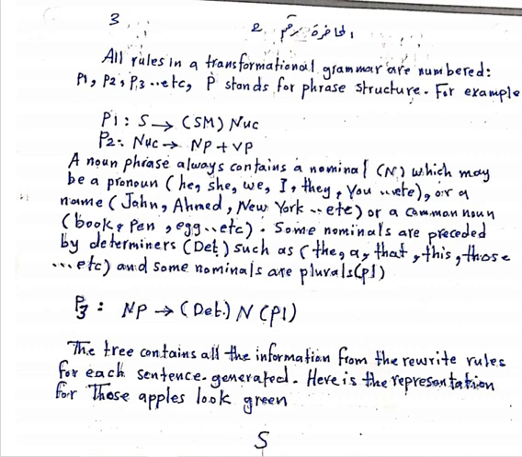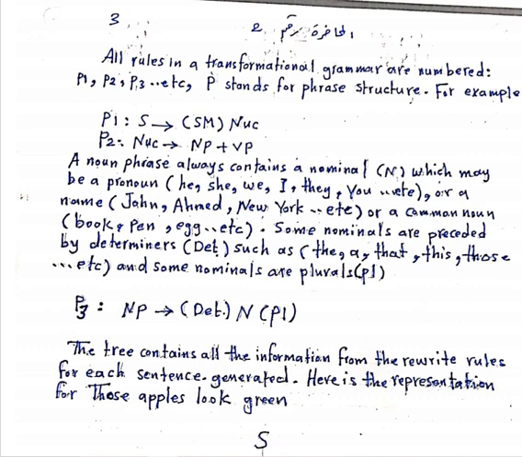In this lecture, we will take just three rules: phrase structure 1, phrase structure 2, and phrase structure 3. And in the next lecture, we will complete the other rules.